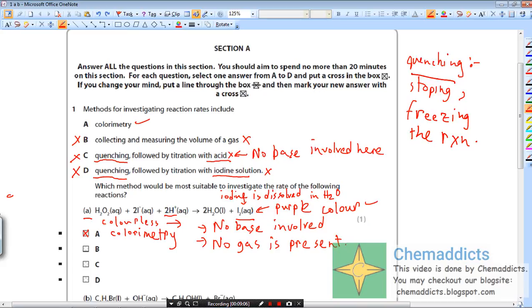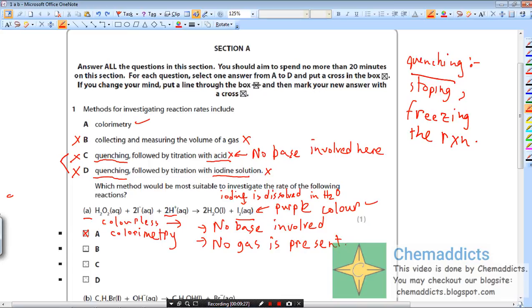So here is one thing that we can do: if we quench it against sodium thiosulfate solution, then this process would have been possible.